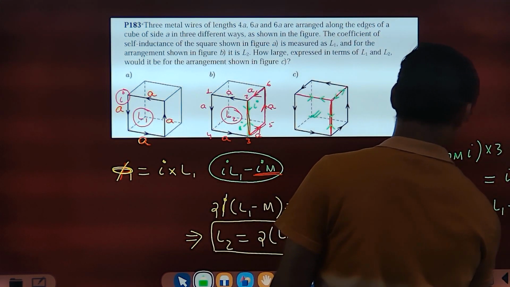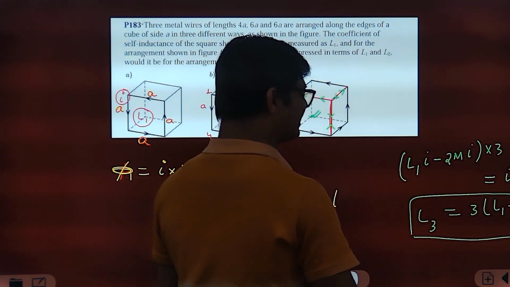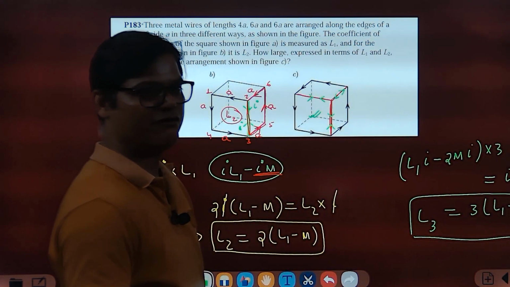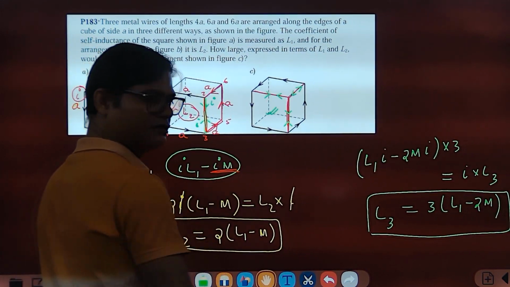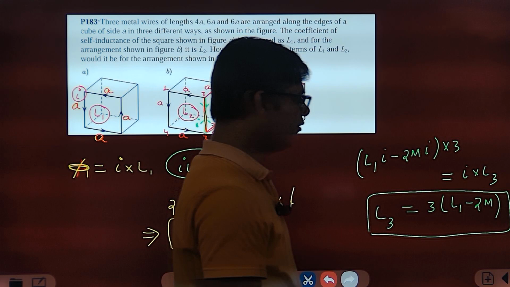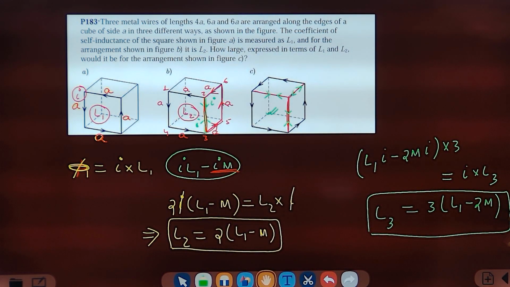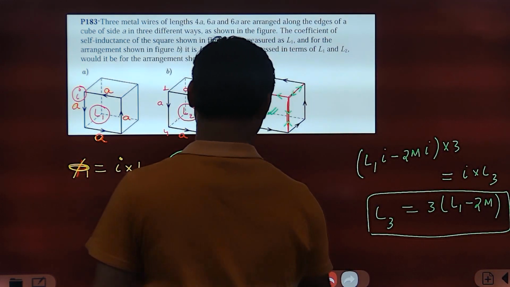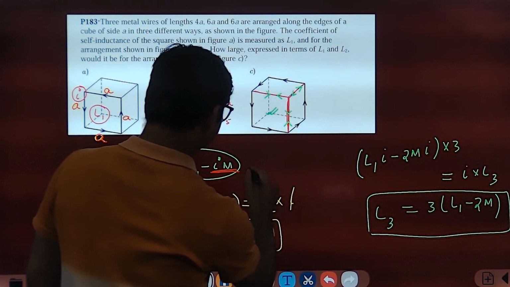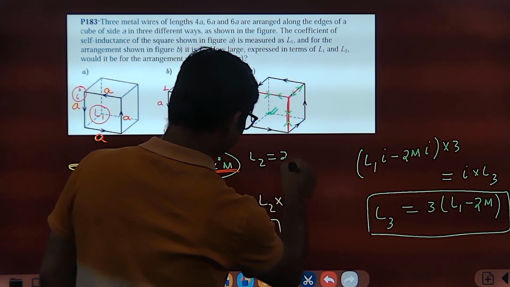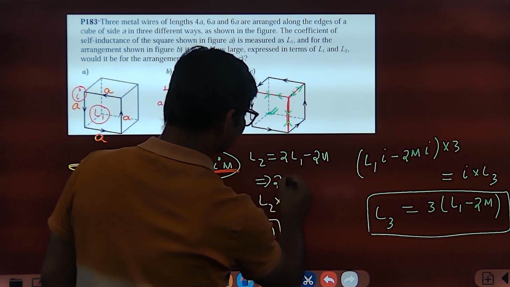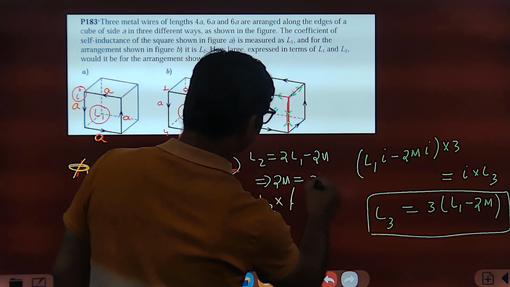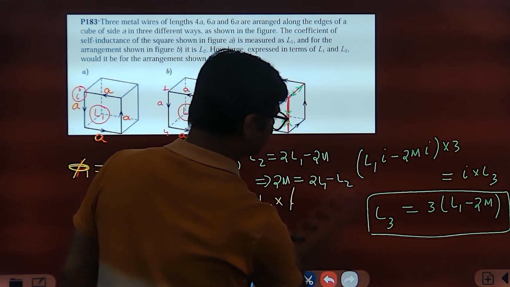But then we are supposed to express L3 in terms of L1, L2. So, that is what we will do. We can replace this 2M here. If you see this expression, then this is L2 equal to twice L1 minus twice M. So, this twice M is equal to twice L1 minus L2.